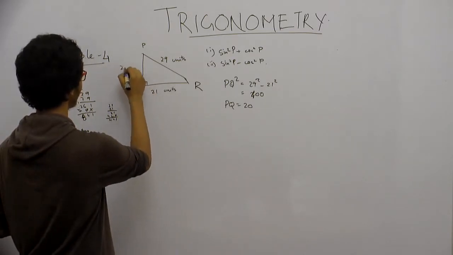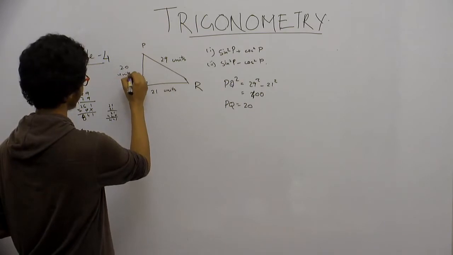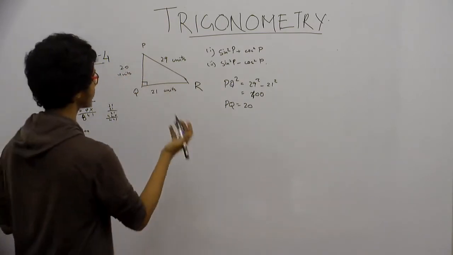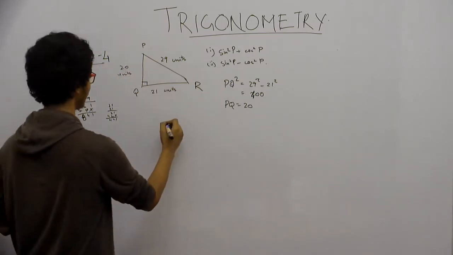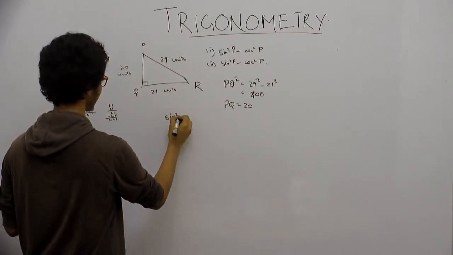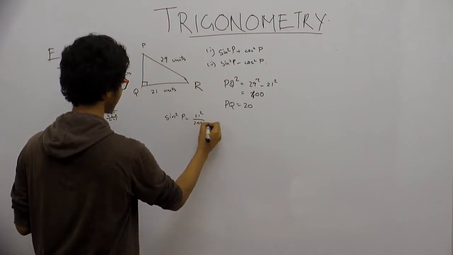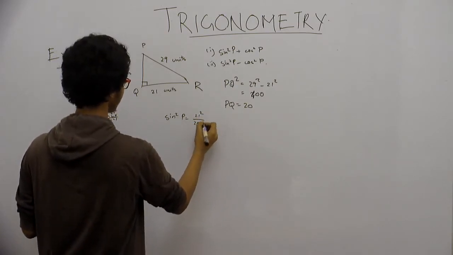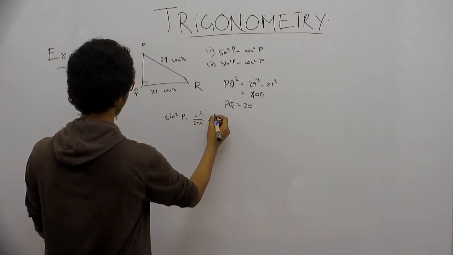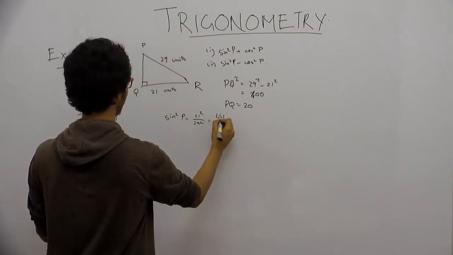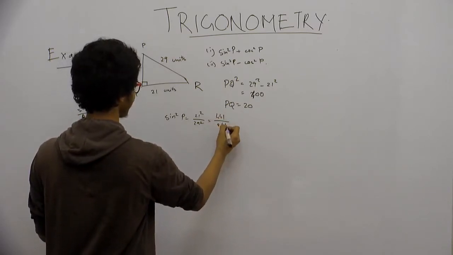Now we know the value, so we can calculate sine square and cos square and find out the answers. Sine square P is going to give us 21 square divided by 29 square. This is equal to 441 divided by 841.